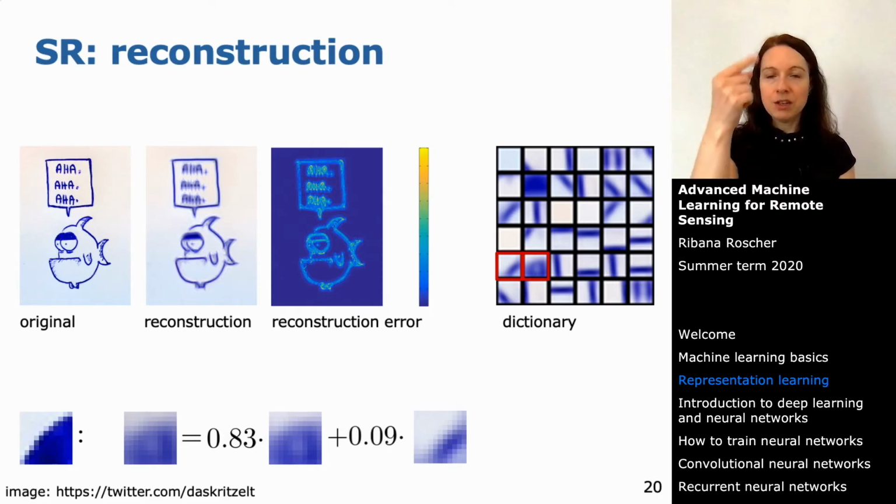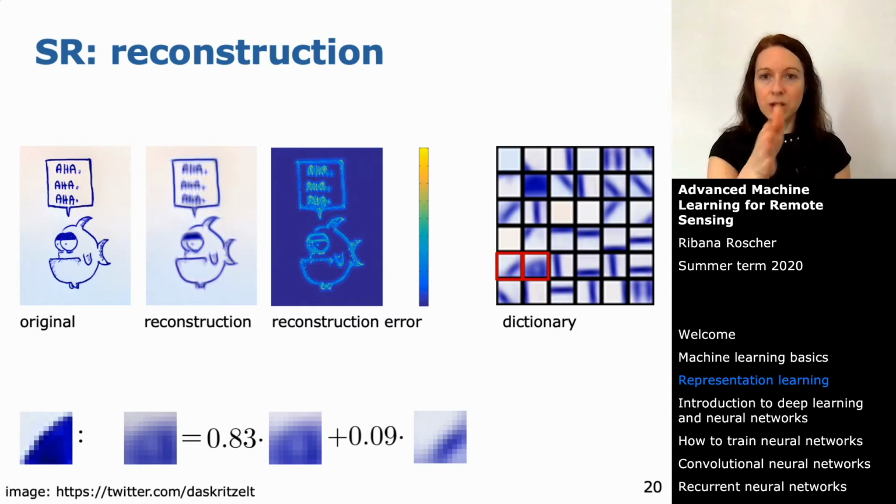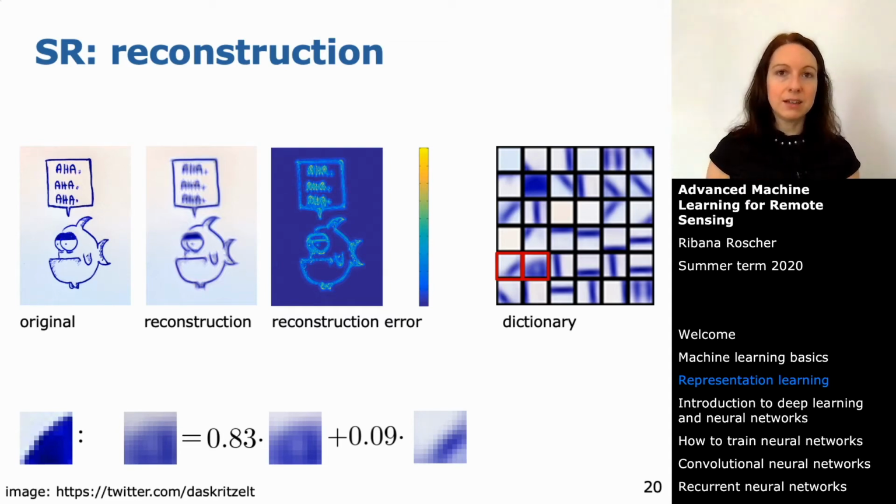So each patch is actually one column in the dictionary if you want to make calculations with it. But for illustration purposes, this is a very compact and nice illustration of the dictionary. And what you can see is the original image. Then you have the reconstruction using exactly this dictionary, and illustrated is the reconstruction error.